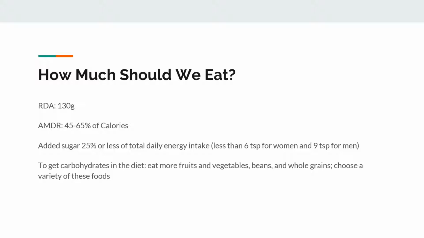So remember in the beginning of this course, we calculated our daily estimated energy requirement, which is the total number of calories we need in a day. So once we know that number, we can do a basic math and say, okay, well, let's say I'm going to have 65% of my total caloric intake coming from carbohydrates. So we take 65% of whatever your EER is, and now that's the number of calories that you would take in a day coming from carbohydrates.